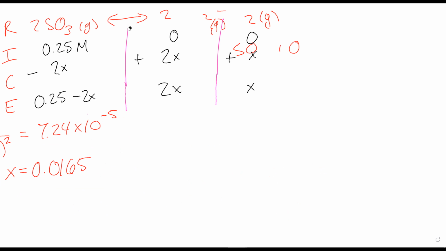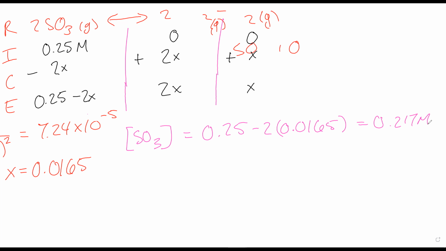The equilibrium concentration for SO3 is going to be 0.25 minus 2 times X. That's going to equal, let me plug that in my calculator, 0.217 molar. Remember, the units stay the same.